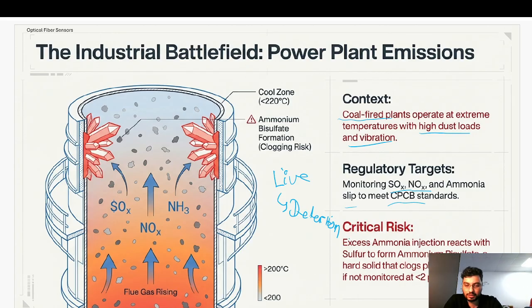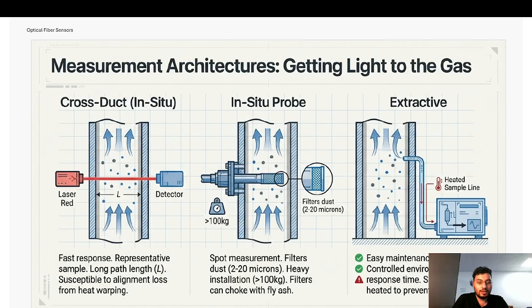The critical risk is excess ammonia injection reacting with the sulfur from aluminum bisulfate into a hard solid that clogs plant infrastructure if not monitored at less than 2 ppm precision. So you can see how serious it is and that it needs to be monitored properly.